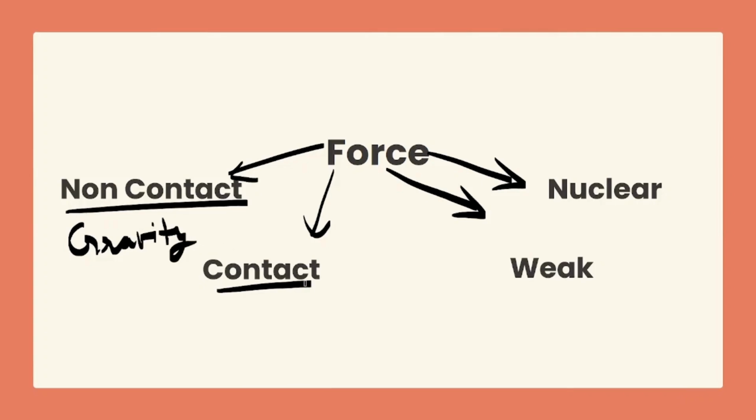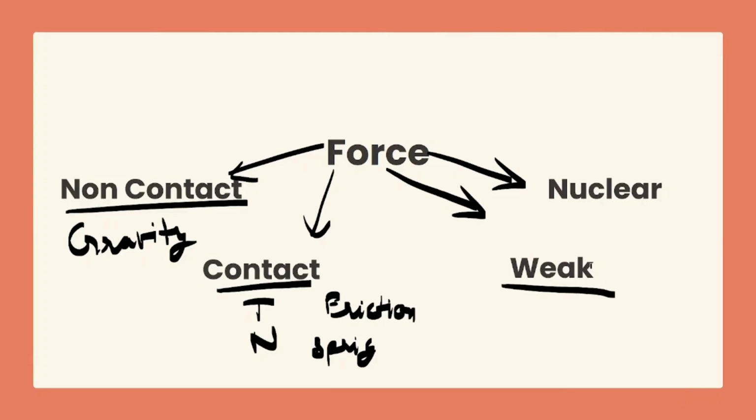Contact force is when two bodies are in contact with each other, like tension, normal reaction, spring, and friction. All these contact forces we are going to study in this chapter. Weak forces, as the name suggests, are the weak intermolecular forces or van der Waals forces. Nuclear forces are the forces inside the nucleus.